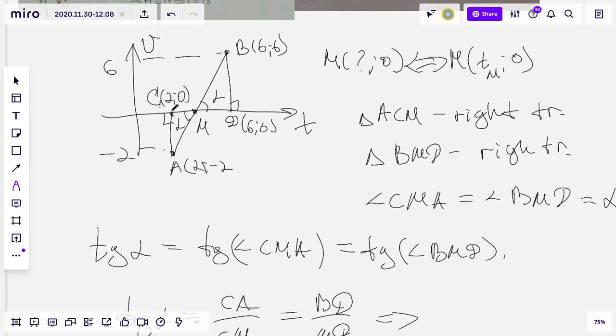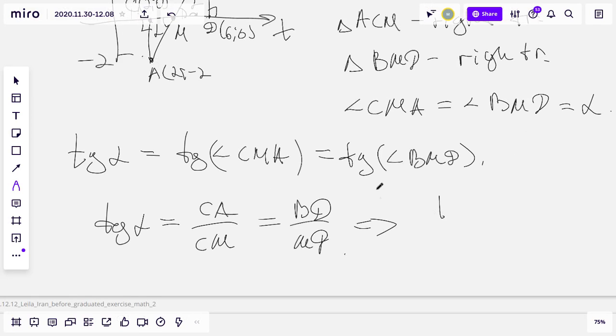CA equals 2, and the coordinate TM, or simply T, minus 2.